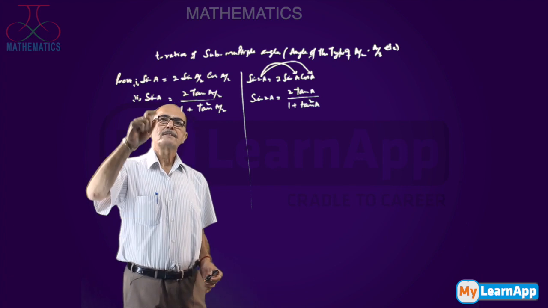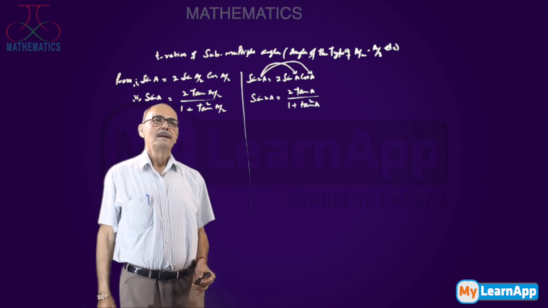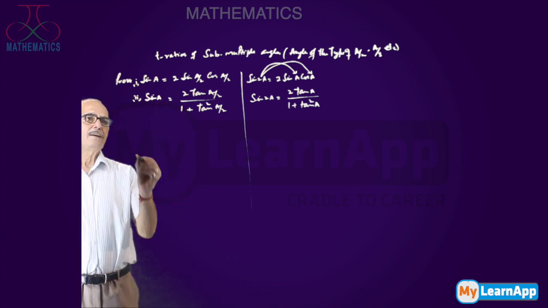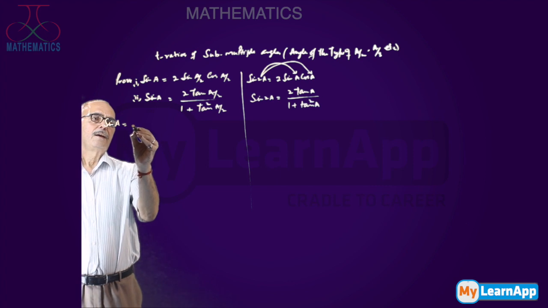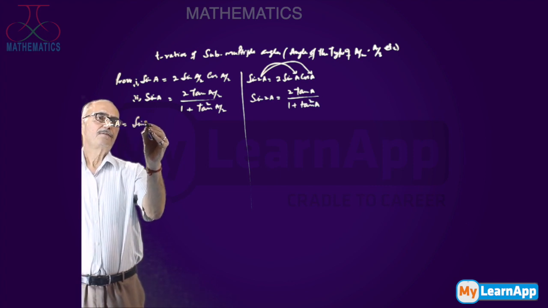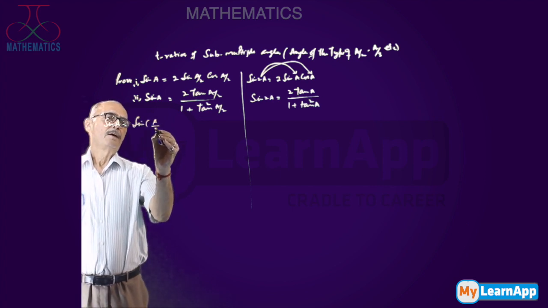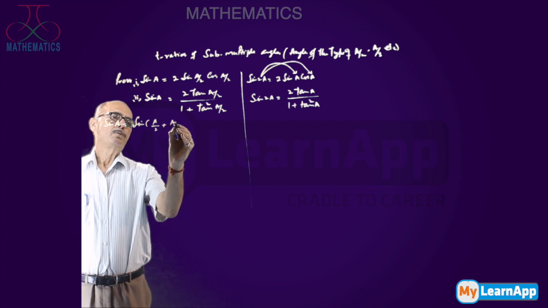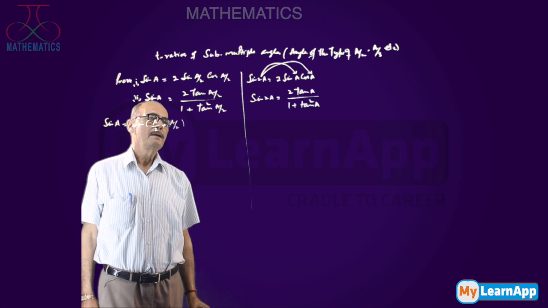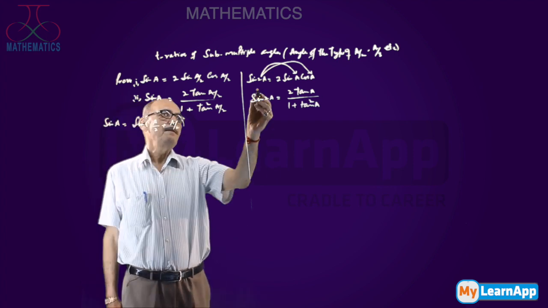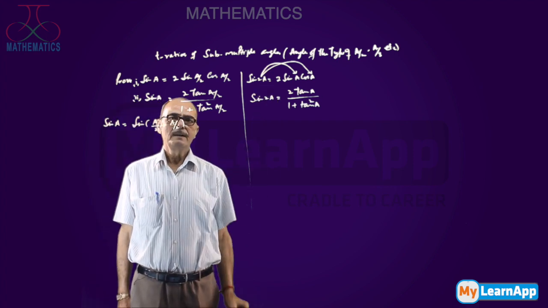For proving this result, we proceed in the same way: sine of A can be written as sine of A by 2 plus A by 2. If you remember, we did the same in the case of sine of 2A.